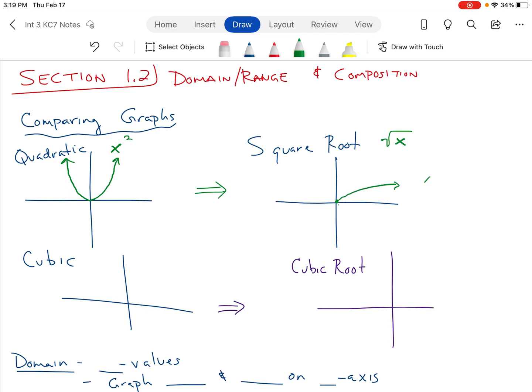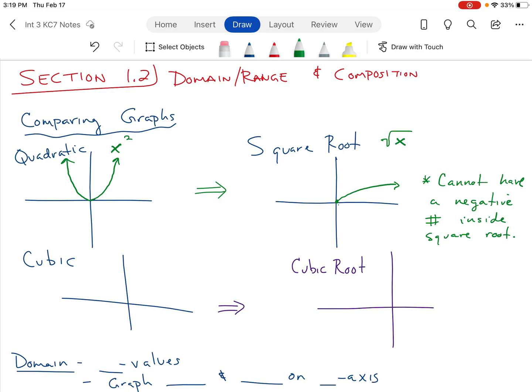Now it's only the top because you cannot have a negative number inside the square root. It will not exist. It will give you an imaginary number, which we use later on in math. But if you plug the square root of a negative number into your calculator, it is going to give you an error message. So it's basically only half of your quadratic rotated.